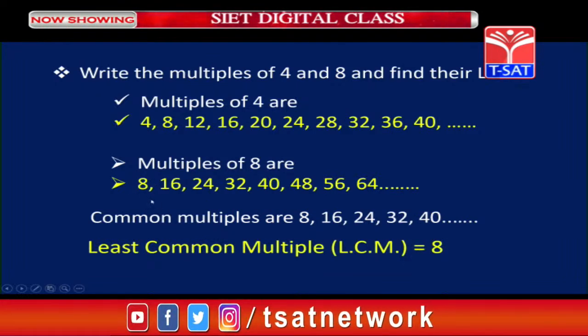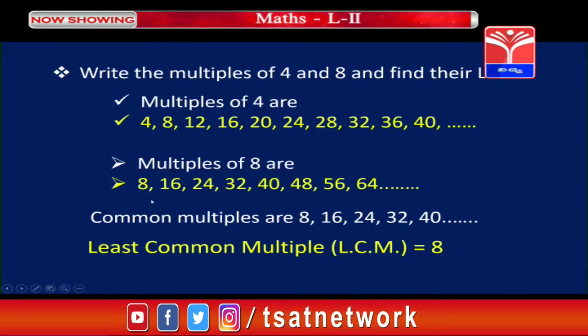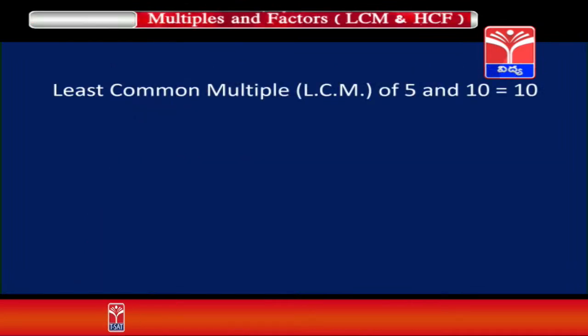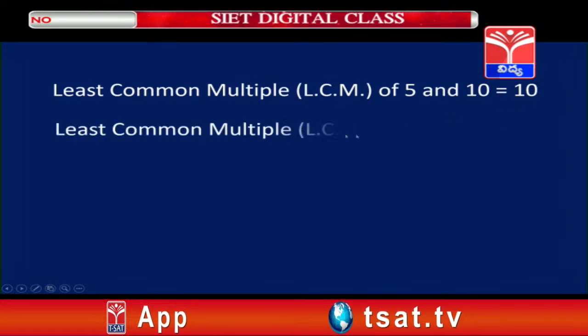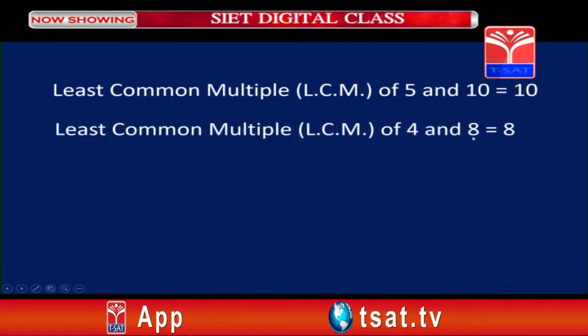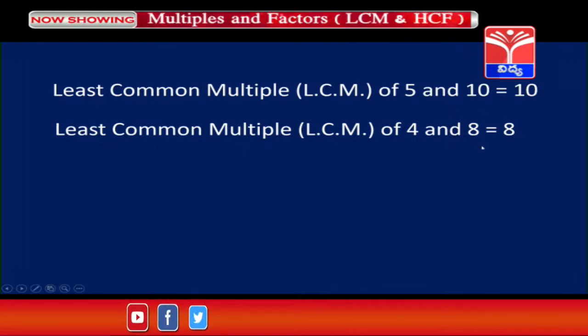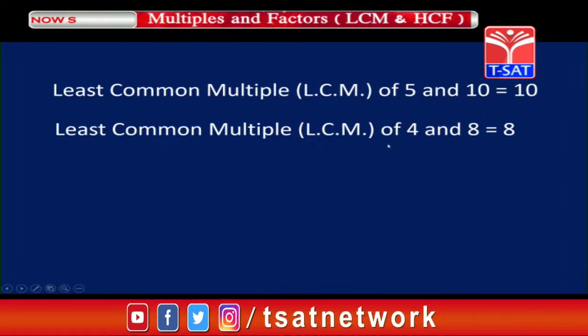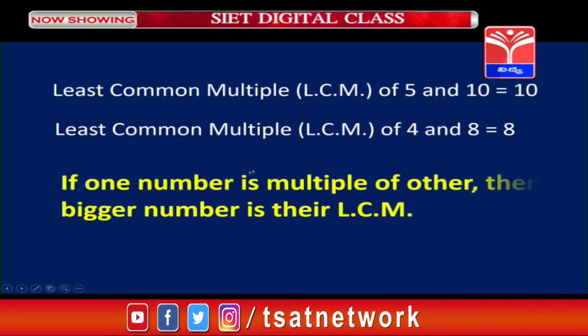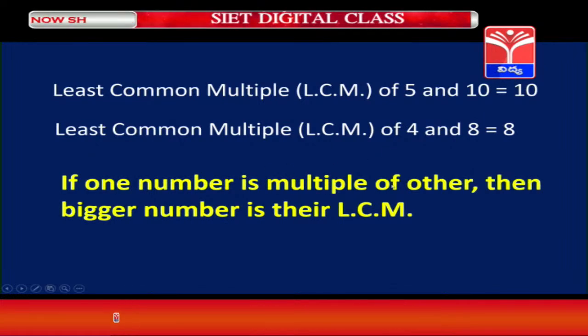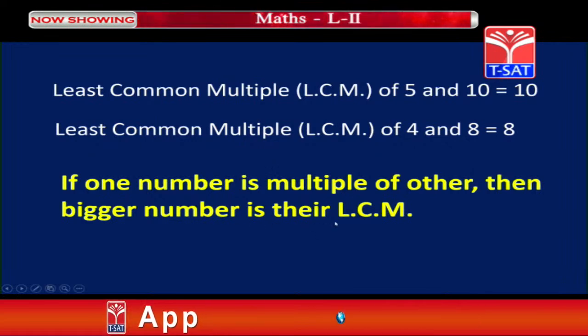From these two observations, let us have a conclusion. Least common multiple of 5 and 10 is equal to 10 and least common multiple of 4 and 8 is 8 here. So what did you observe from these two statements? Hence, if one number is a multiple of the other, then the bigger number is their LCM.